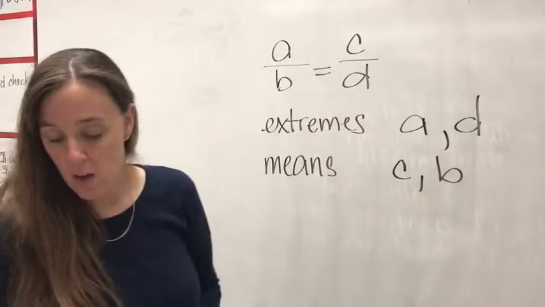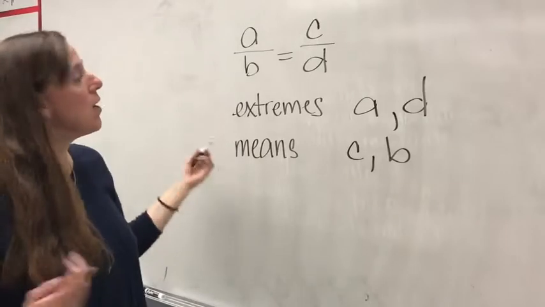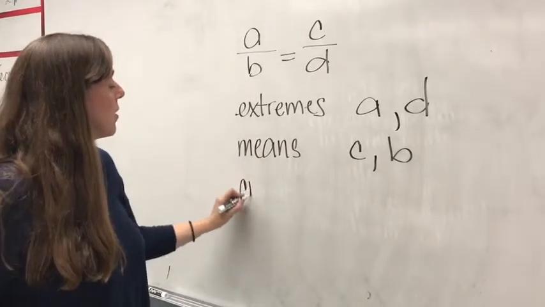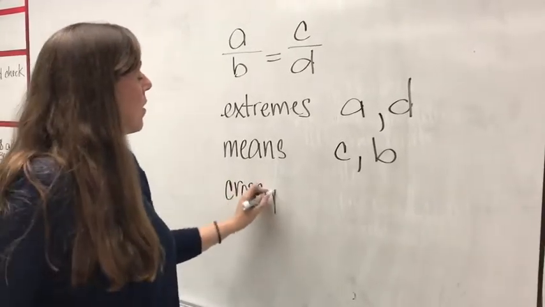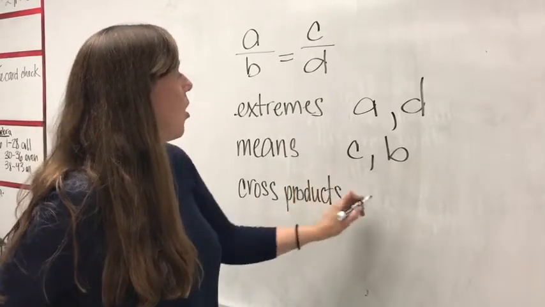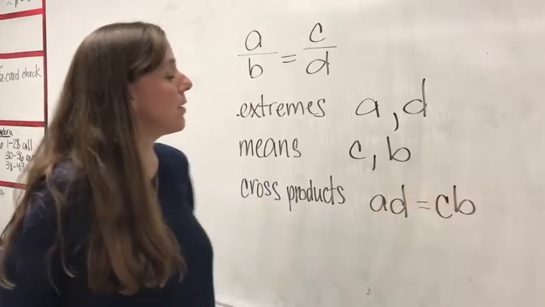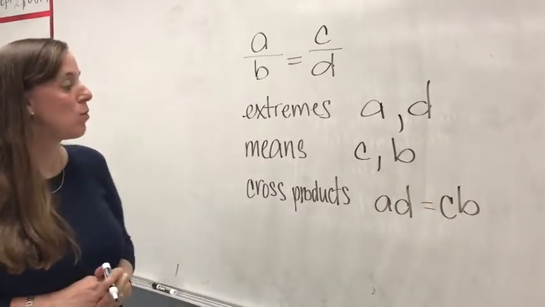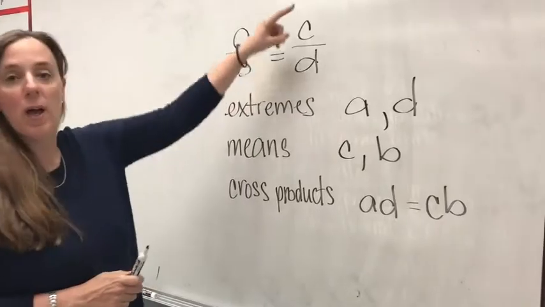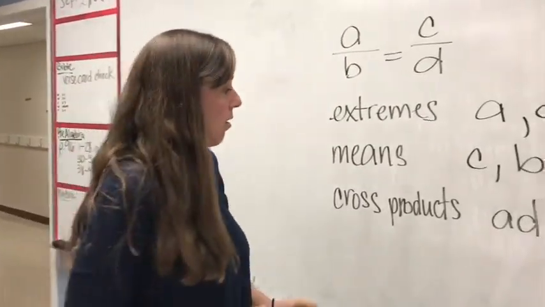And then in the proportion here, the cross products, we talked about this a little at the beginning, are AD and CB. So AD equals CB. You just multiply across the equal sign there.